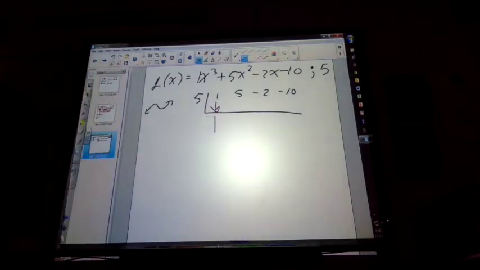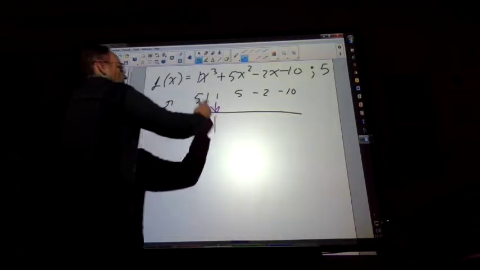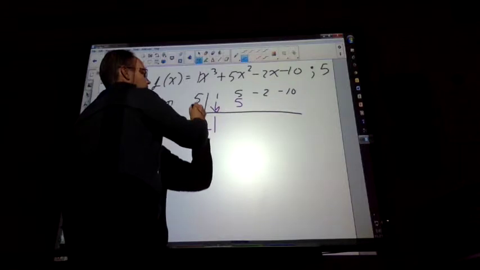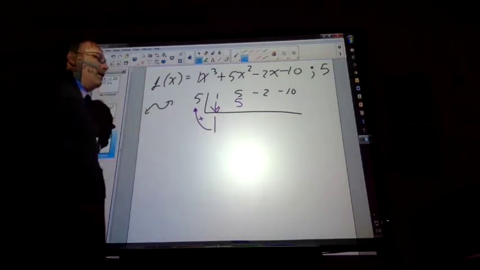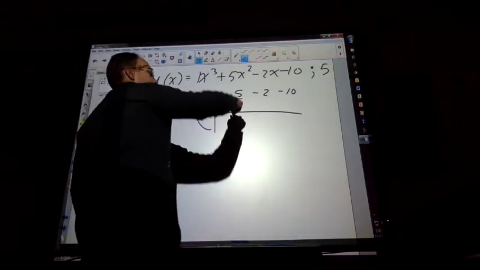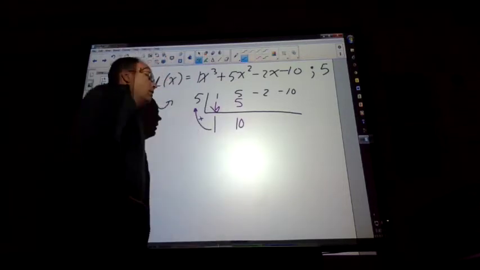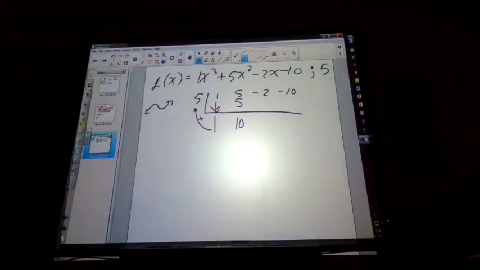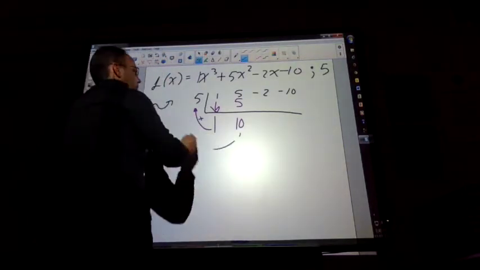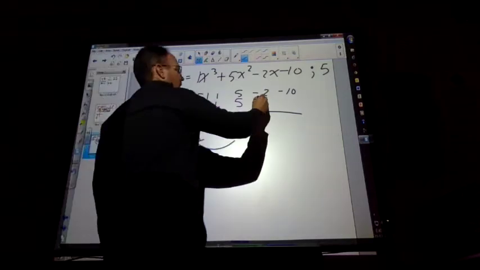Really no math taking place. You're just bringing down the lead coefficient. And then I'm going to go 1 times 5 to get 5. Combine these together by addition. Now, 10 times 5 is 50.